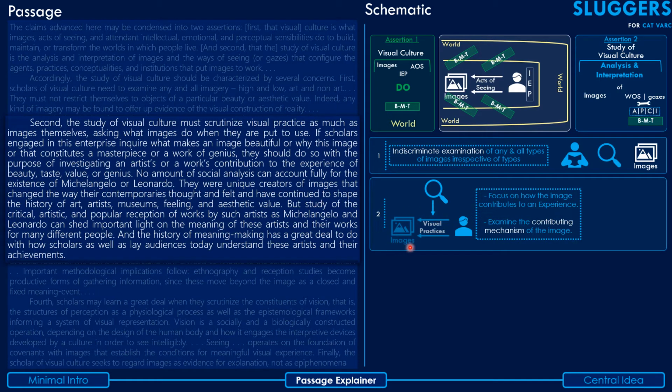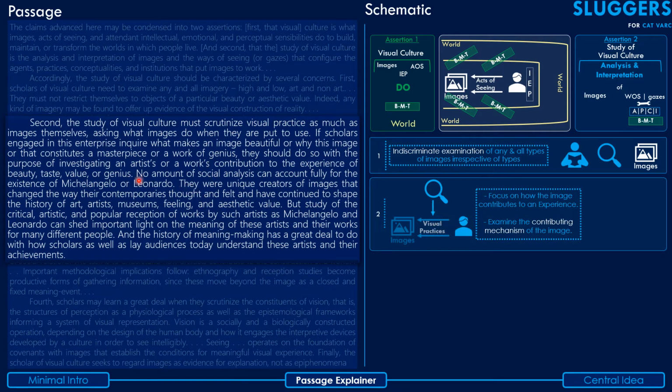What exactly is the mechanism via which this image is contributing to the experience of beauty, genius, or masterpiece? So that's what he's trying to say. He's basically trying to have the scholar focus on the intermediate mechanism, on the practice here.